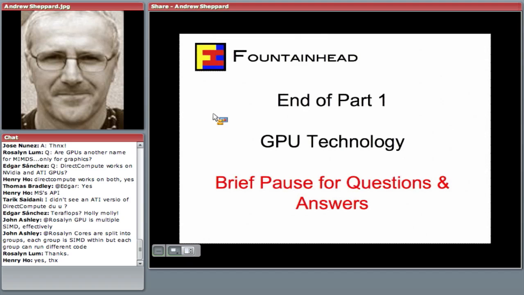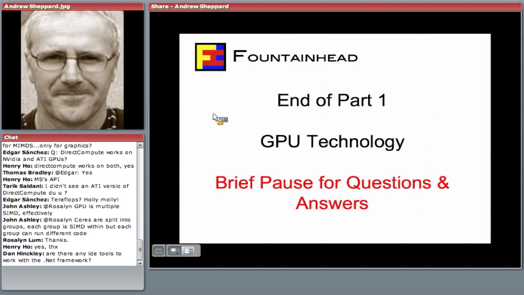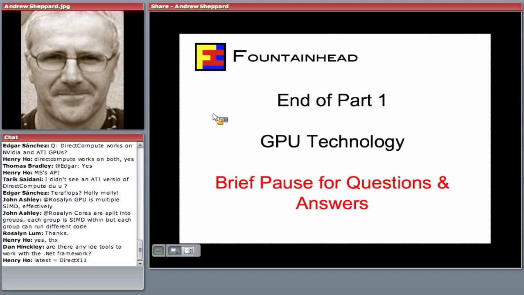I think it came in with DirectX 10, and we're on DirectX 11 or 12 now. So DirectCompute has been part of DirectX, I'm fairly certain, since DirectX 10. If you have a card which supports anything north of DirectX version 10, it should support some form of DirectCompute, I believe.